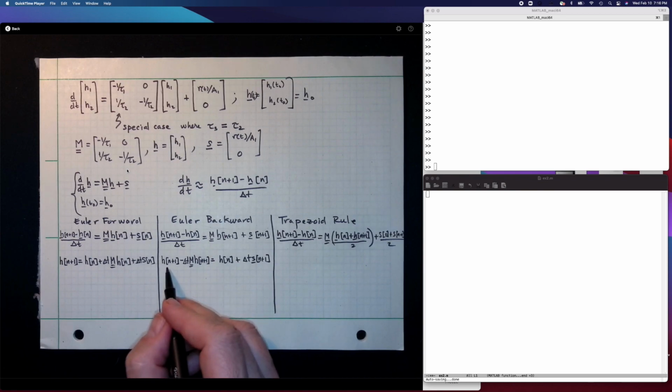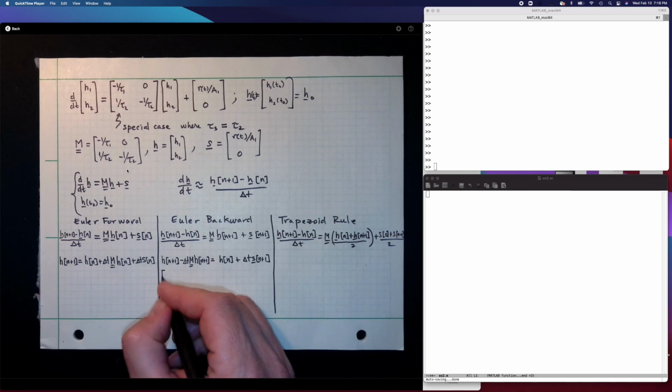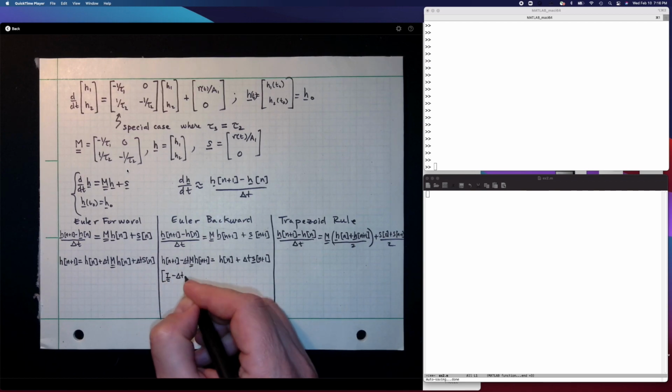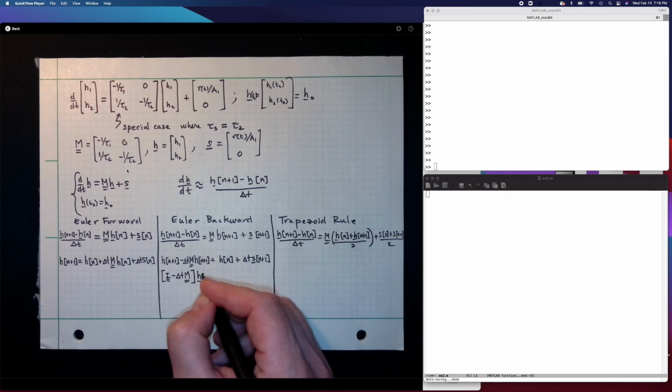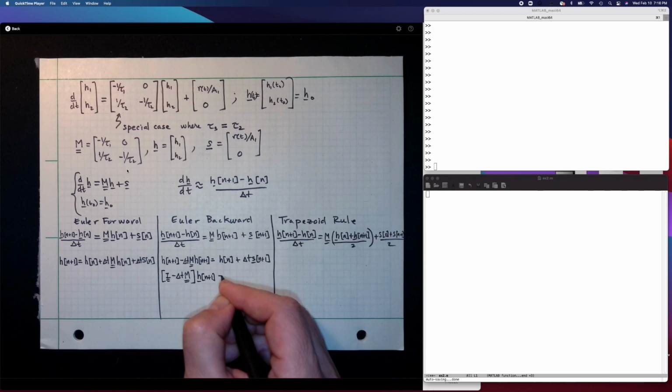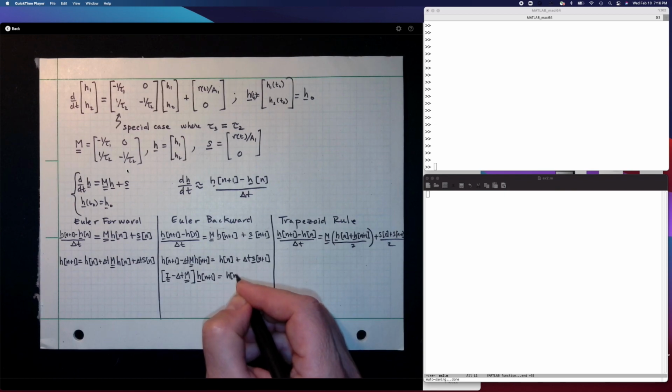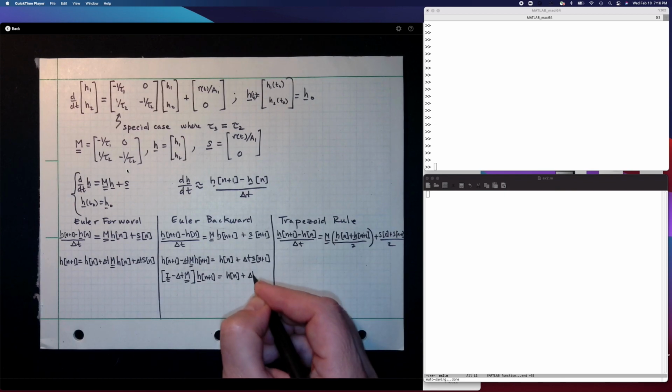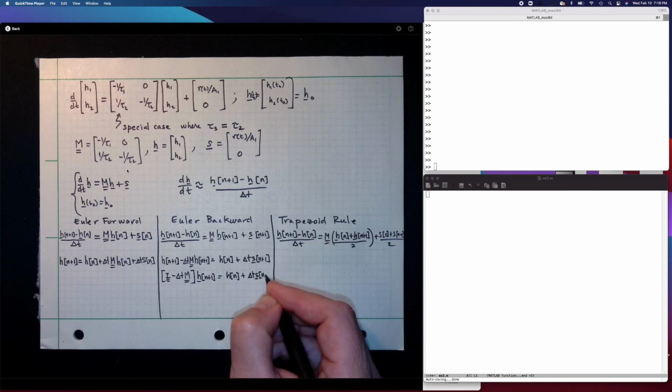And this one here, I can factor out the h at n plus 1, so I get the identity matrix minus delta t times m times h at n plus 1 is h at n plus delta t times s at n plus 1.